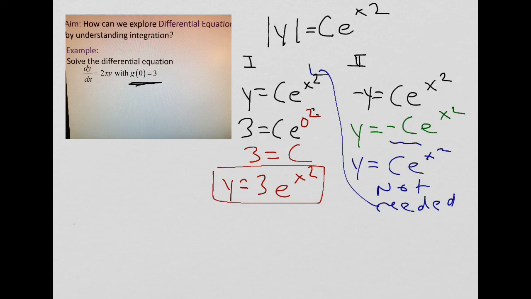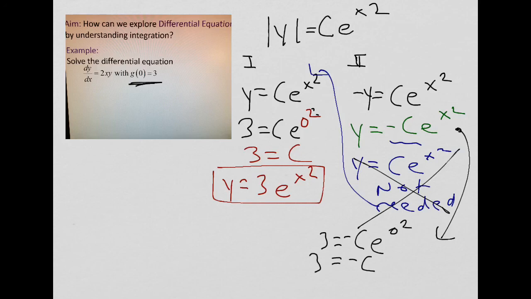Let's say we didn't realize that at all, and we proceed to start to work with this expression here. Well, if we plug in 3 for y and 0 for x, and make sure this time you write 0, I don't know what happened to me the last time. When you go to solve, this is going to be negative c equals 3.